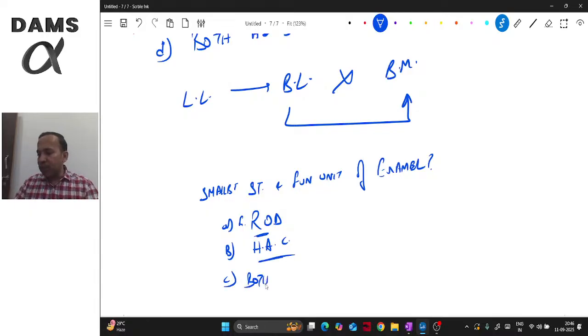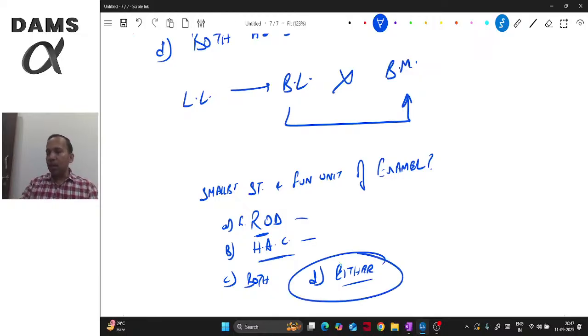Maybe if I want to confuse you, I'll give you both or either, isn't it? So when you have such a question, which of these two would you choose? Rod or hydroxyapatite crystal, or would you choose either or maybe both? Which of these would you choose?